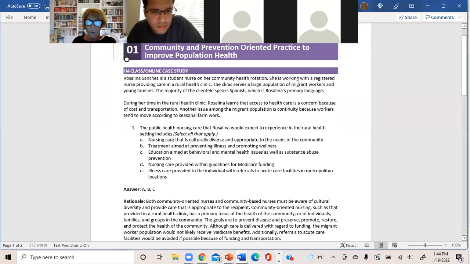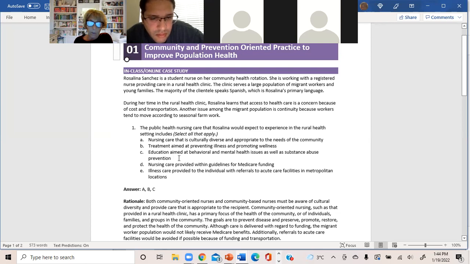She's a registered nurse in a rural health clinic with a large population of migrant workers and young families. The majority of the clients speak Spanish, which is Rosalina's primary language. During her time in rural health, she learns that access to health care is a concern because of the cost of transportation. Another issue among the migrant population is continuity, because workers tend to move around doing seasonal work.